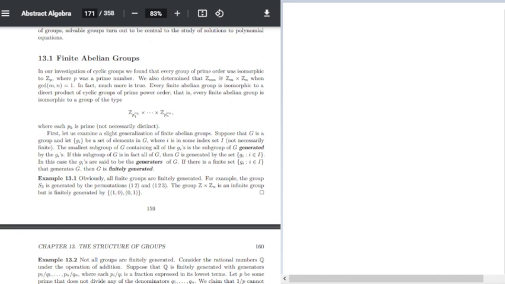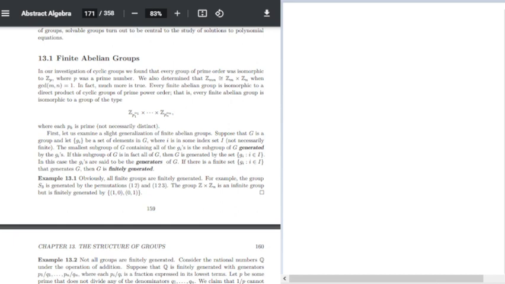Every finite abelian group is isomorphic to a direct product of cyclic groups of prime power order. That is, every finite abelian group is isomorphic to a group of the type Z sub p1 to the m1 times Z sub p2 to the m2 all the way up to times Z sub pn to the mn, where each p sub k is prime, not necessarily distinct.